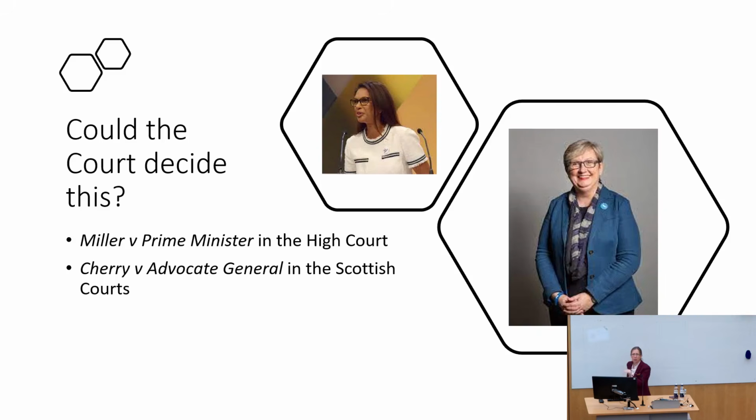But her argument was slightly different. So Joanna Cherry was saying, I think there's a problem with the scope of the prerogative power. So I'm not questioning how you exercised it. I'm saying I don't think you have a prerogative power to suspend Parliament for a permanent time.